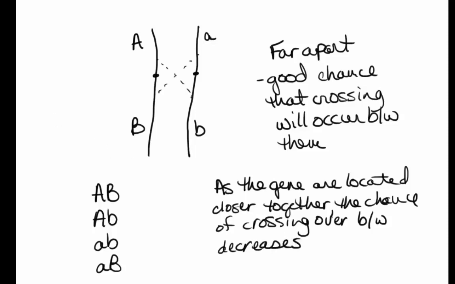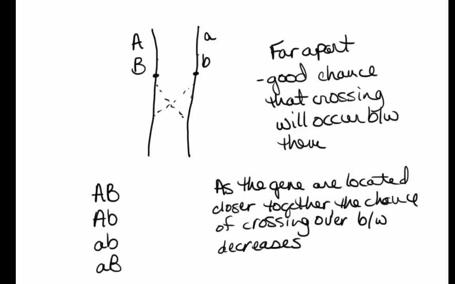So for example, if we were to change this just a little bit, and we had the A and the B gene located very close together, then there's a good chance that when that crossover happens, the crossover might be down here, or in some other place on the chromosome and not in between the two genes that we're looking at. So if that happened, then we wouldn't really even notice that crossing over occurred because, again, we're just looking at the A and the B gene.